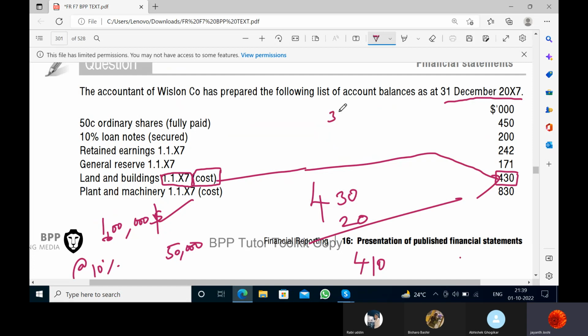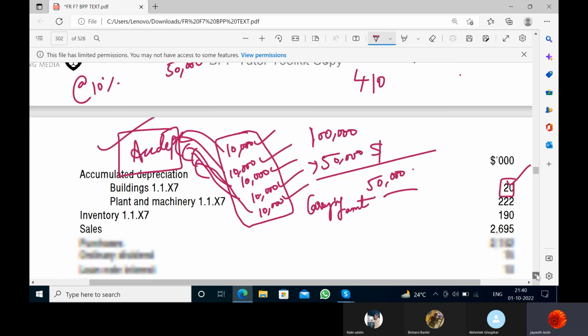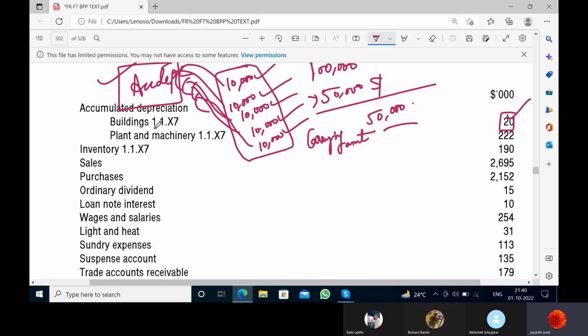See, you have to prepare the balance sheet or statement of profit or loss for 31st December. But this land and building value has been given for Jan 1st, 2007. And you have to prepare the balance sheet for 31st December 2007. Now, plant and machinery also, it is like the beginning of the year. And here, the accumulated depreciation is 1/1/2007.